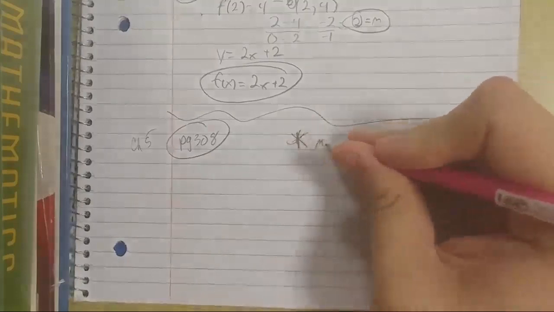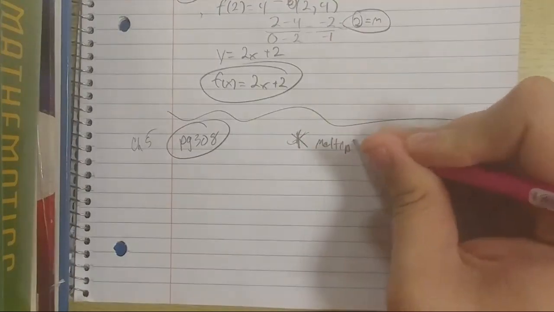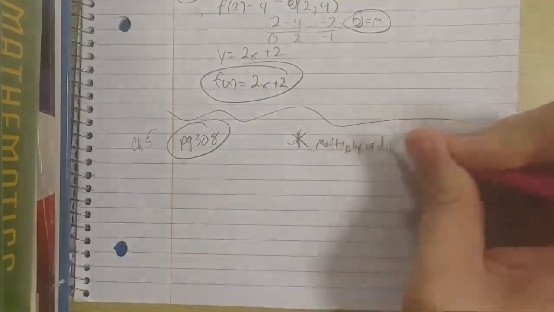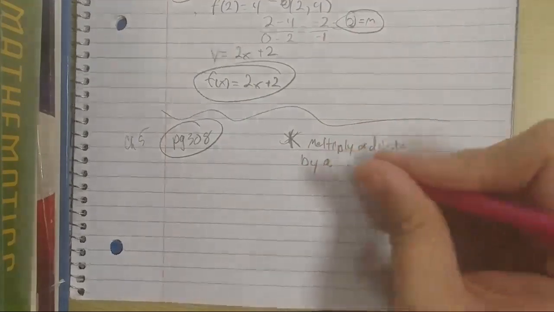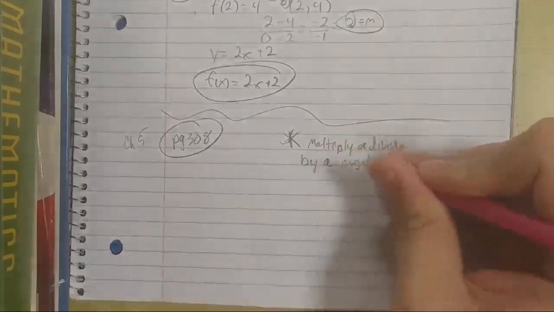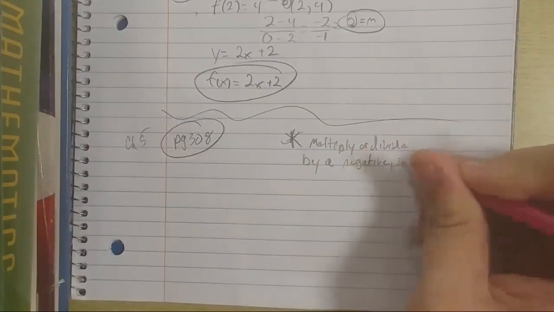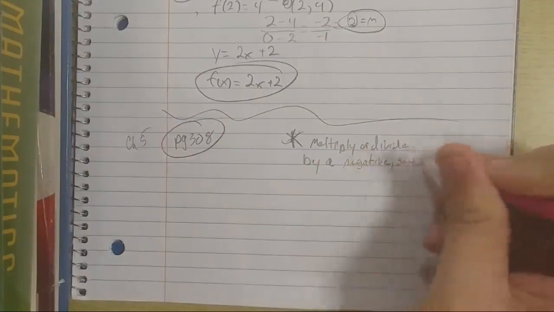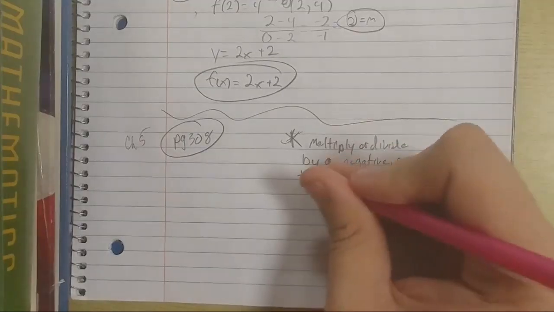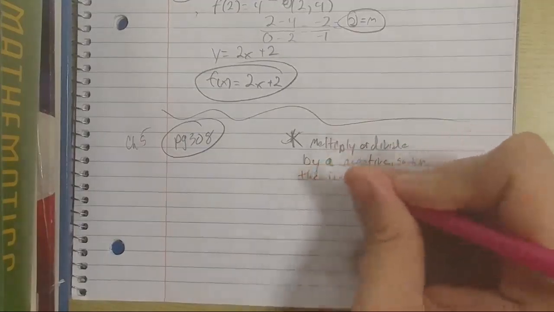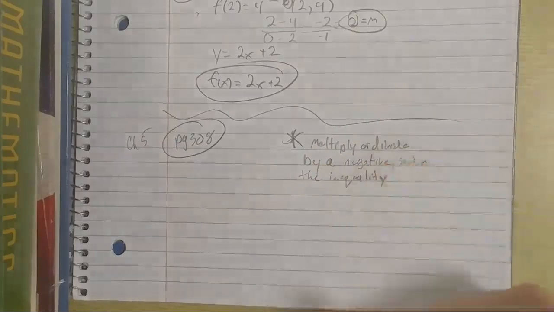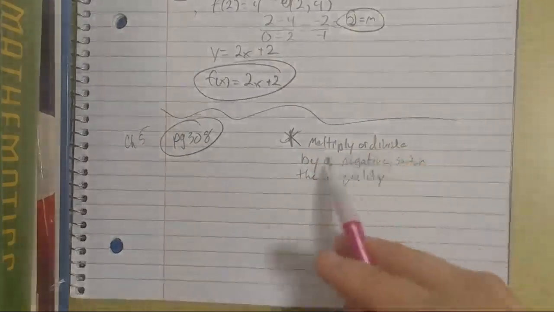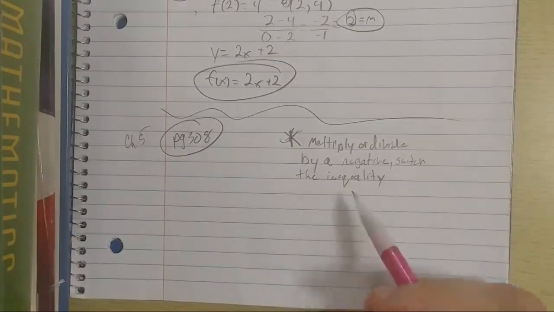When you multiply or divide by a negative, switch the inequality. Once again, when you multiply or divide by a negative, you're going to switch that inequality.